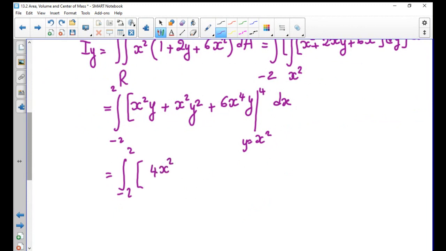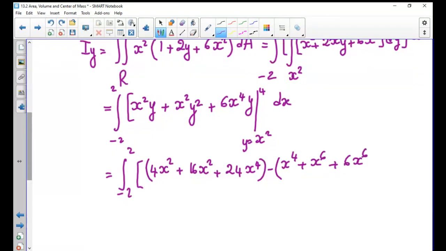So it will be 4x squared plus 16x squared, plus 24x to the power of 4, all of this, and then minus x to the power of 4, plus x to the power of 6, and then plus 6 also, like this. And then all of this dx. All right, good.